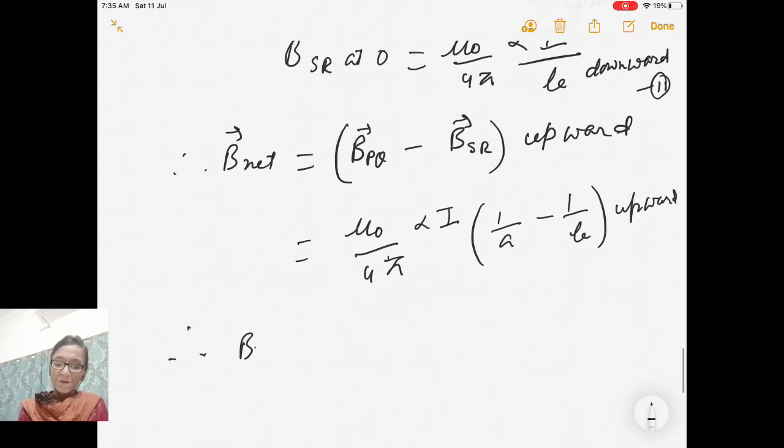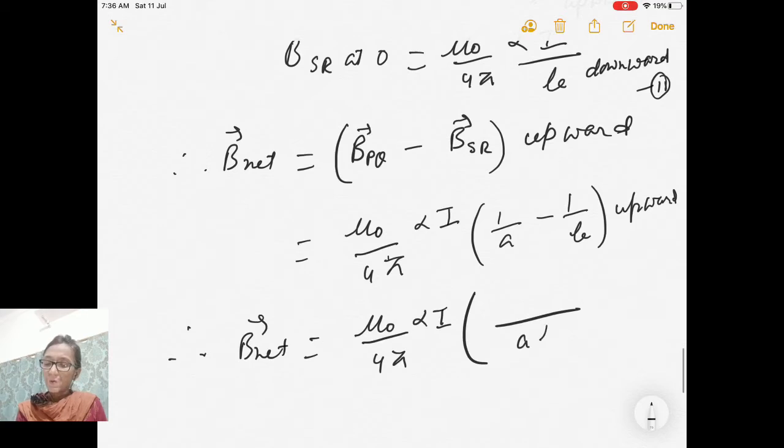Therefore, B net is equal to mu naught upon 4 pi alpha I into AB, I am taking LCM AB, and here B minus A. So this is the answer.